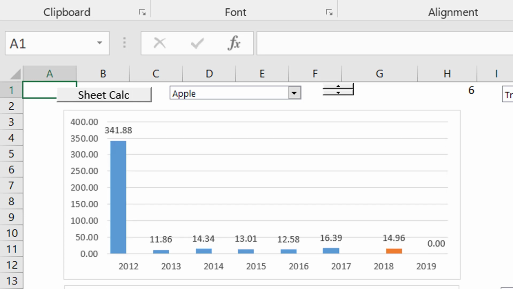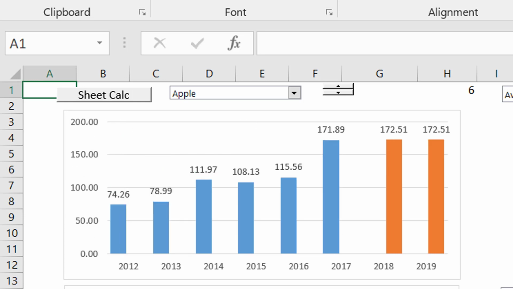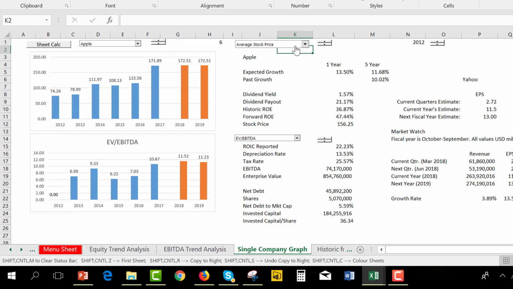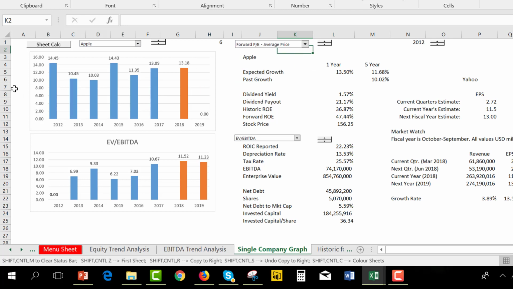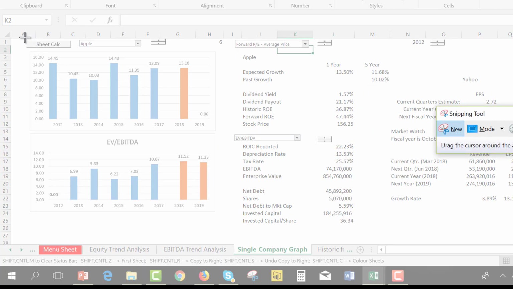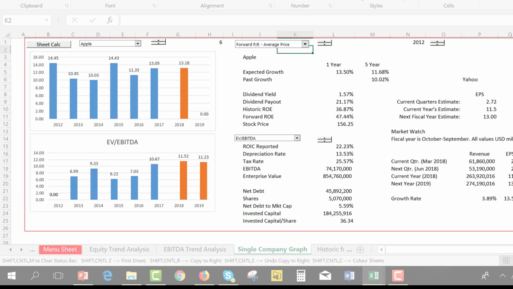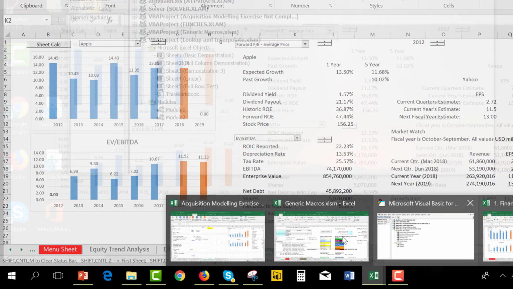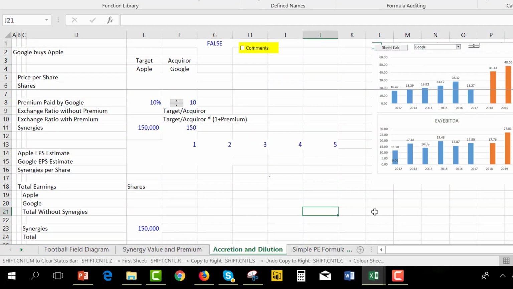And that's exactly, by the way, what we're going to do here. I wanted their forward PE. Okay, and so let's do the same thing. With this little page, we have enough to do our accretion and dilution in a relatively sophisticated way.